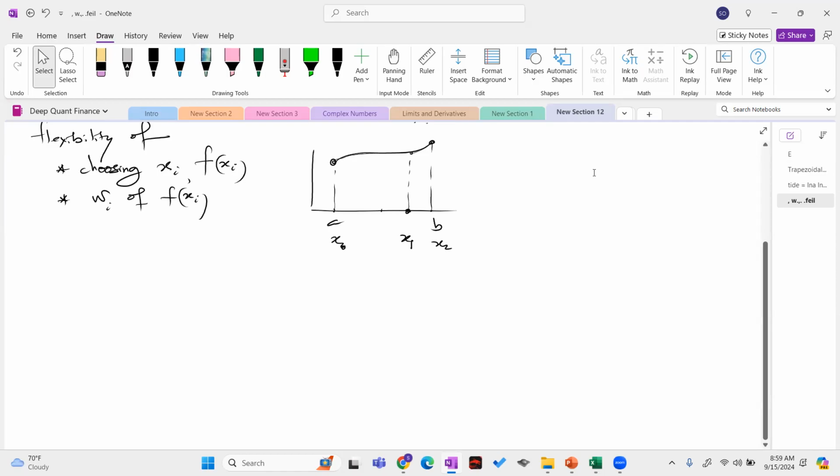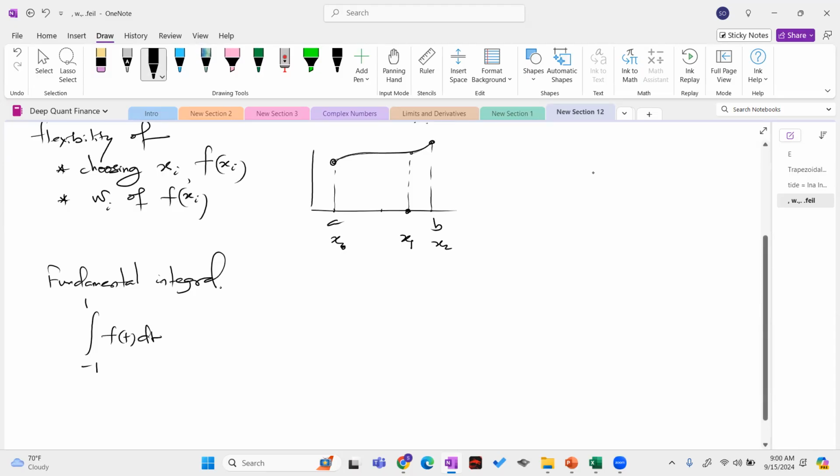Before we proceed, we'll look at a fundamental integral. We'll only focus on this integral, f(t) dt from -1 to 1. All the formulas and everything that we derive will be for this specific definite integral.